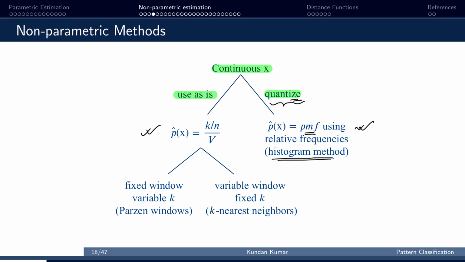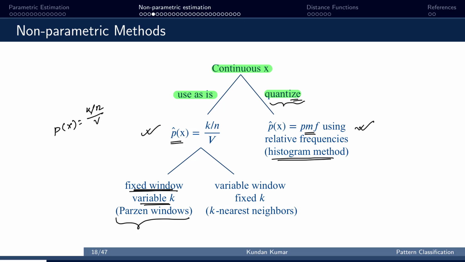If we have continuous feature vectors, then we can have the estimated probability, which is given by (k/n)/V. Here k is the number of samples in the volume V, and n is the total number of samples. If we consider that the volume size is fixed but k is varying, in that case we have to apply the Parzen window technique.